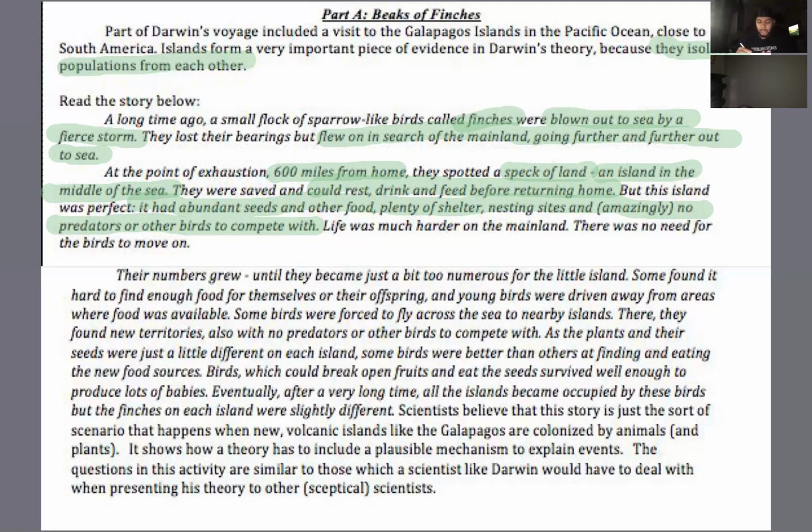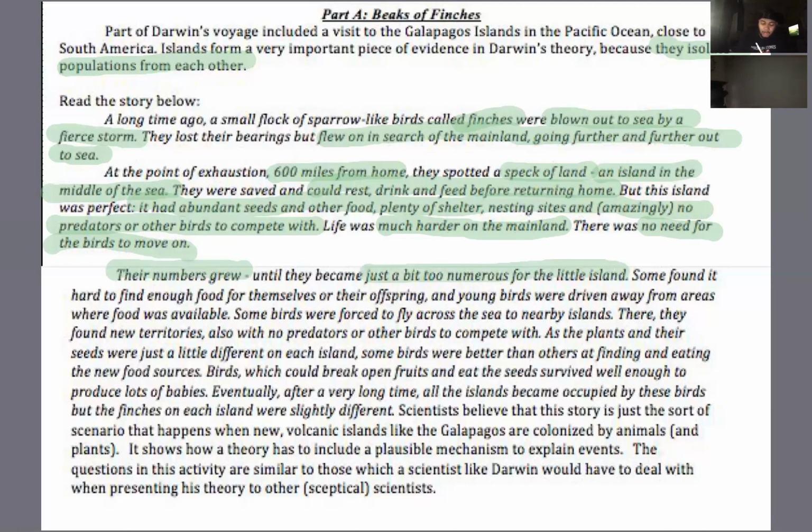Life was much harder on the mainland. There was no need for the birds to move on because they had all their resources. Why am I going to go find food when I have food sitting right in front of me, right? Their numbers grew until they became just a bit too numerous for the little island.